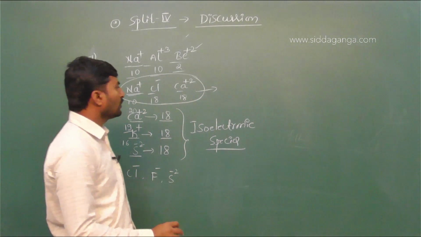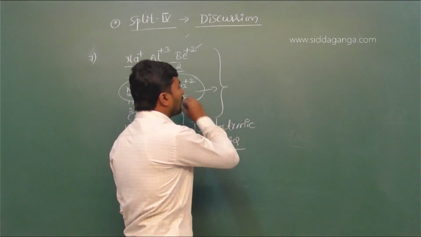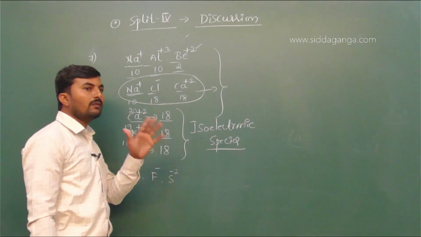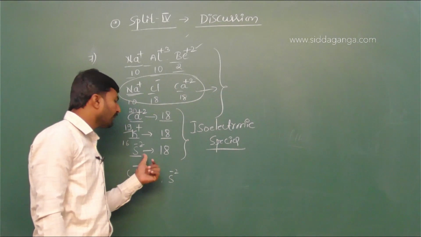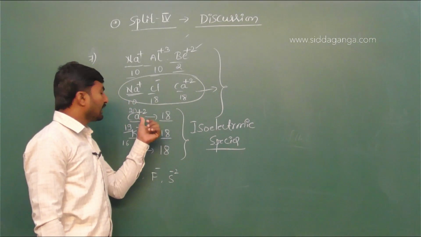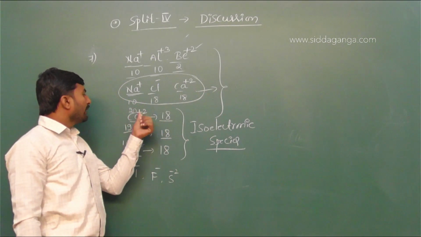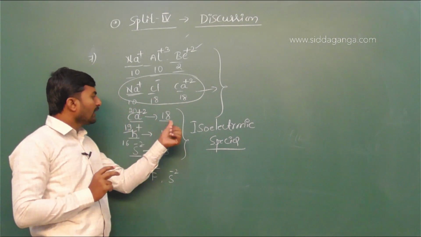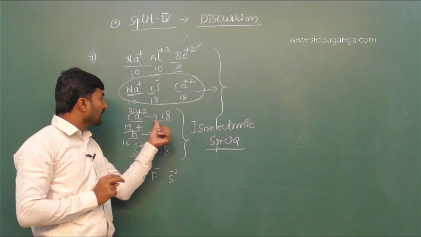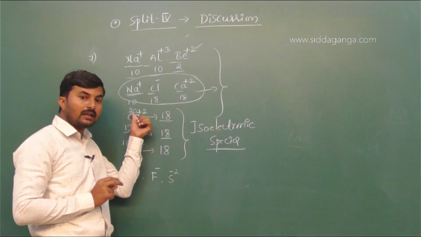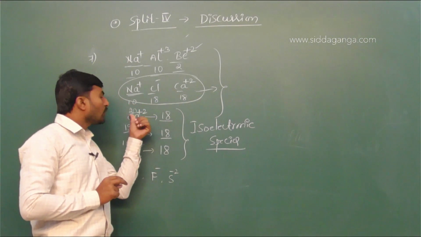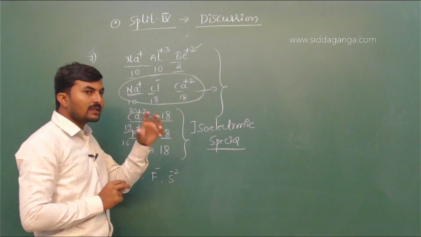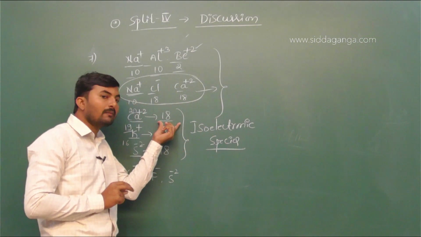As we already know, the size of a cation is always smaller than that of an anion. In the calcium cation we have 20 protons, that means 20 positive charges, and only 18 electrons, so the protons dominate. The effective nuclear charge has a greater influence over the remaining electrons.